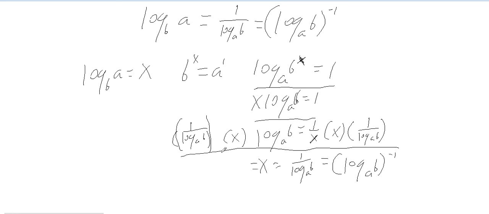And x, we know from that quick little deal up there, equals log base b of a. So this shows that all of these things are equal, which gives us the property up here. So it can be useful, maybe not the most useful property, but it is neat to see that you can switch these around essentially, and it would still be valid. You just got to make it 1 over it.